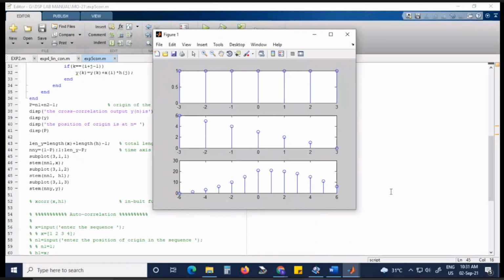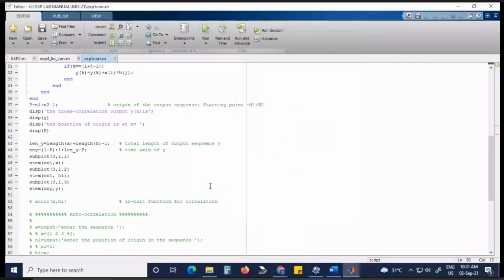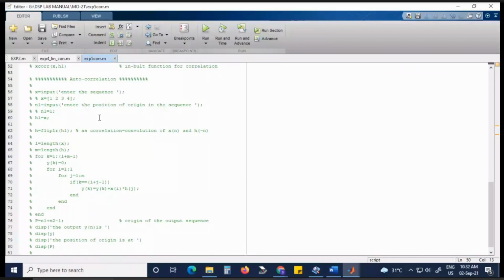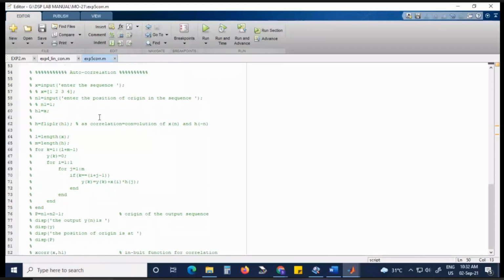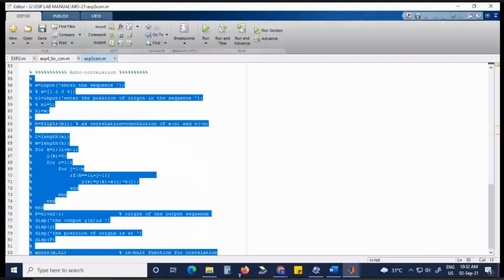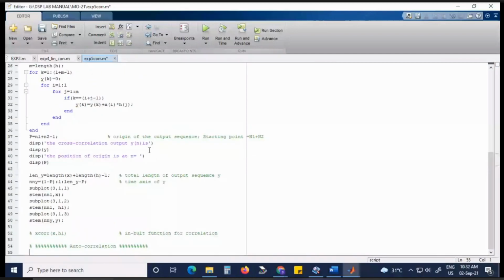So now this is the convolution program, a correlation program. So autocorrelation, what you need to do here, I have not modified this. You have to do it yourself. So I have just deleted this one. So also you can verify this with your result.